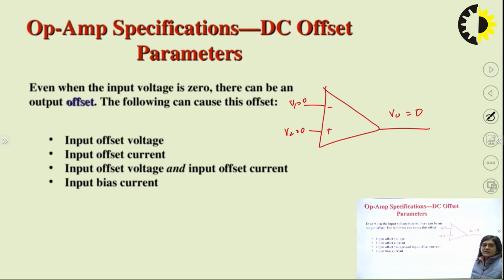But this is not the case, due to the mismatch of the transistors or due to the input offset current, there is an output offset voltage.